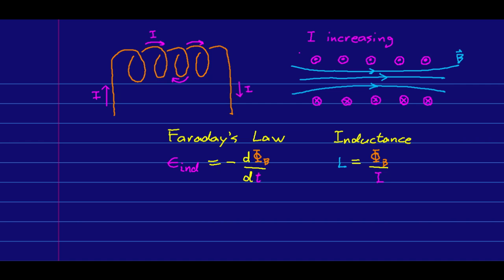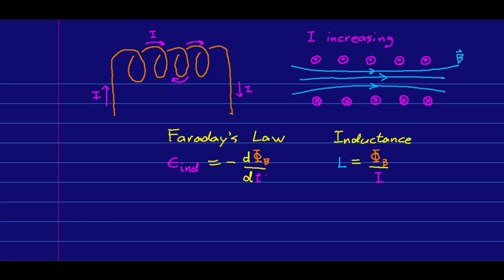So we know the consequence of Faraday's law is that an inductor will produce an induced EMF anytime the current through it is changing. So let's think about a solenoid like this with a current going through it, or in an alternate cross-sectional view with the currents coming out towards us at the top and in away from us at the bottom. And let's suppose that the current through it is increasing. Well, that means that the magnetic flux through it is increasing.